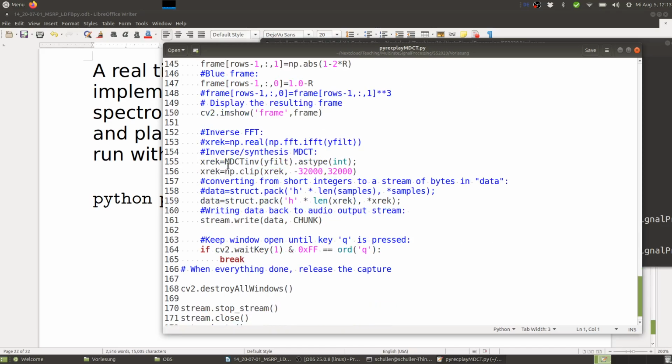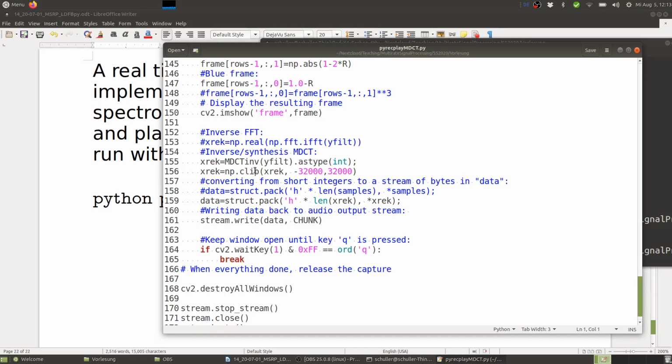Here I'm also doing the reconstruction, now using the synthesis. So here I'm taking one block of our MDCT and feeding it to my synthesis filter bank, the synthesis MDCT. XREC is then the reconstructed signal, and here I cast it as integers. So basically this takes the floats coming out here and turns them back into integers to be able to play them back in the sound card.